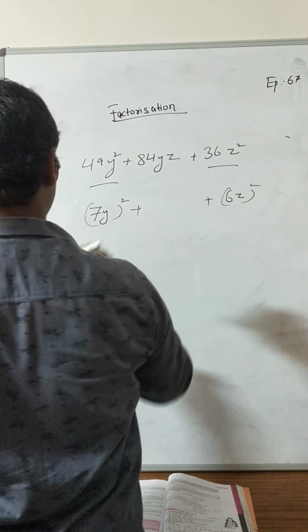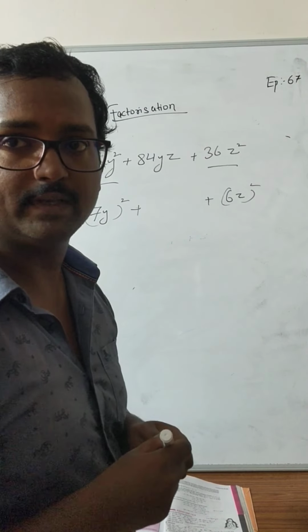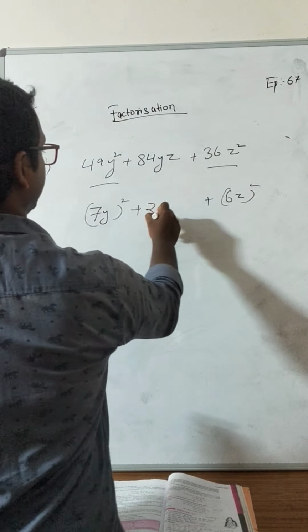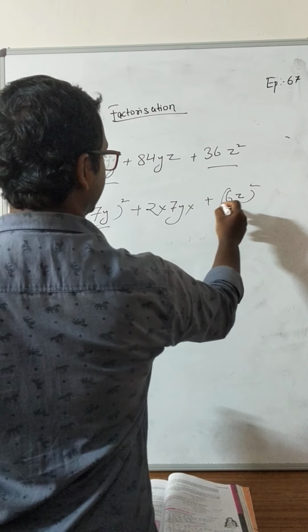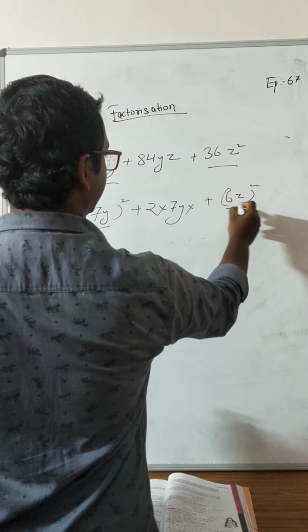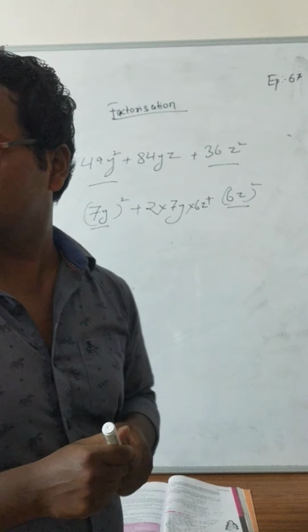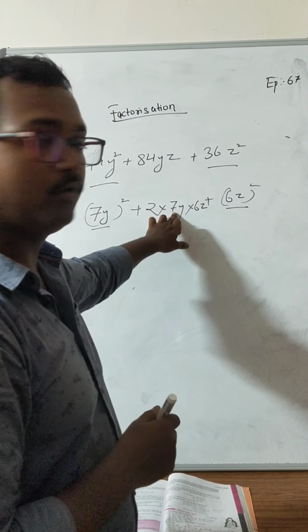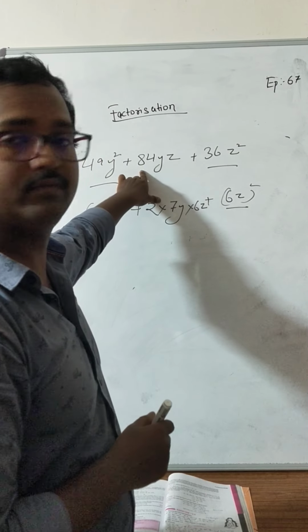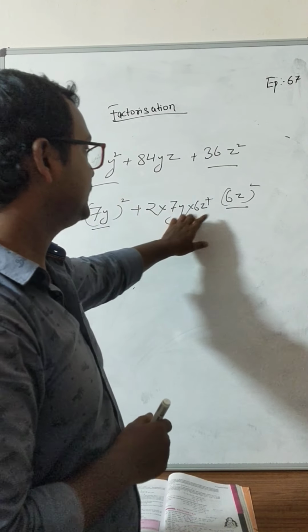Now we have to write the center term as 2xy: 2 into 7y into 6z. After writing it, expand and see if you are getting the formula or not. 2 into 7 is 14, 14 into 6 is actually 84, and yz. Yes.